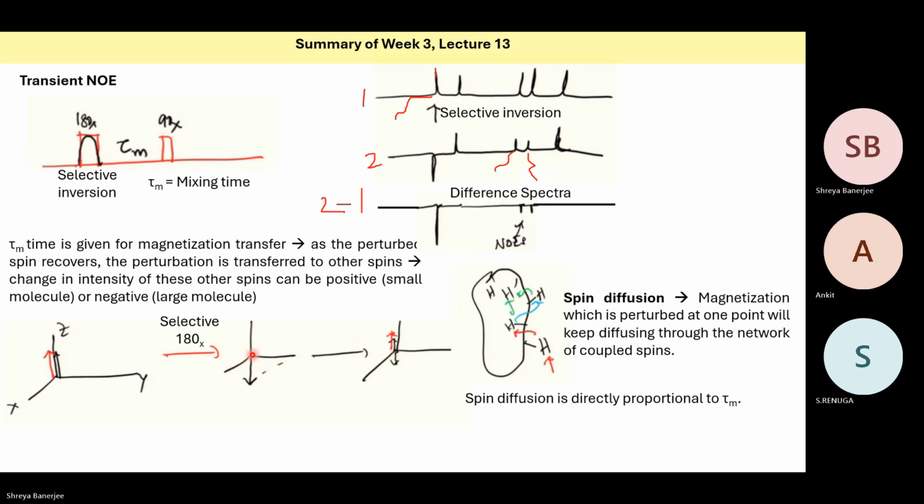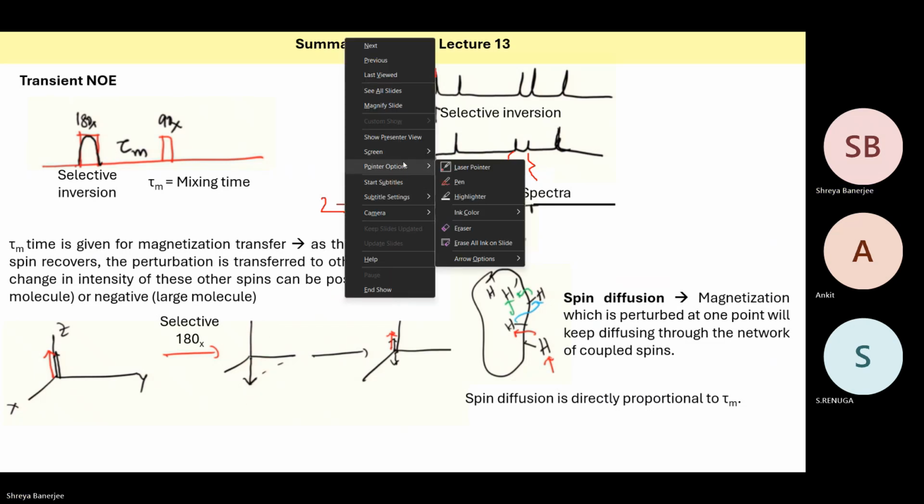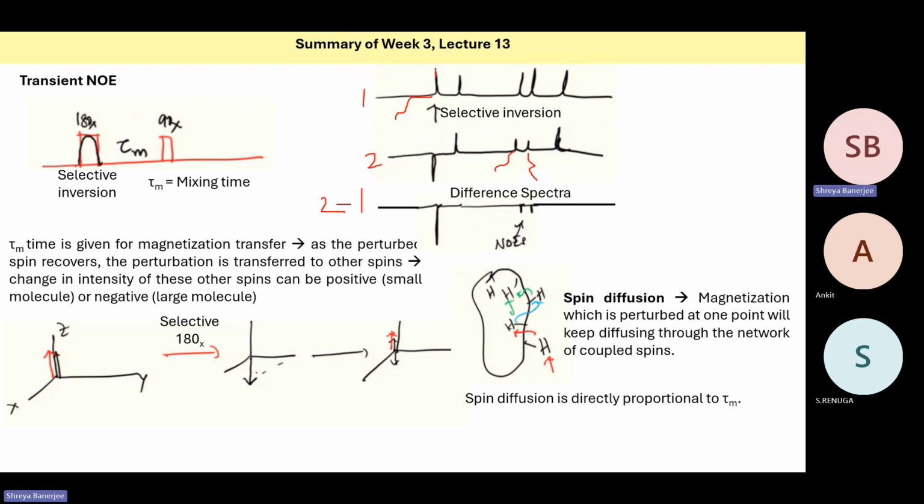And now as the black spin is recovering, slowly this black spin will come back to the z axis, and when it is coming back, it will release an energy. This energy is taken up by the other protons. So we have here shown that these two protons are getting perturbed because of the perturbation on this black arrow, so the spins of these protons are getting affected.